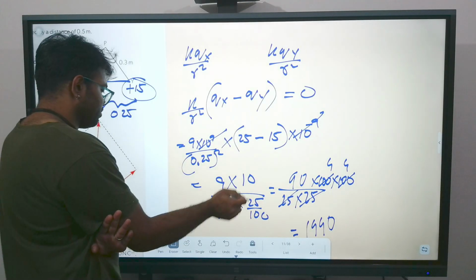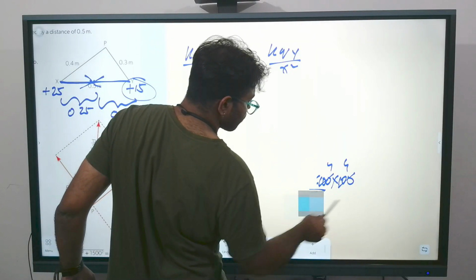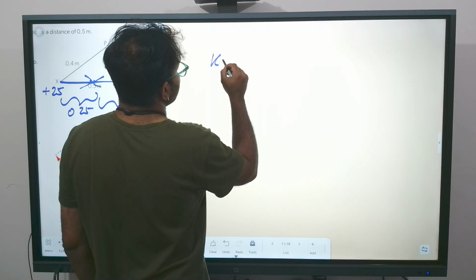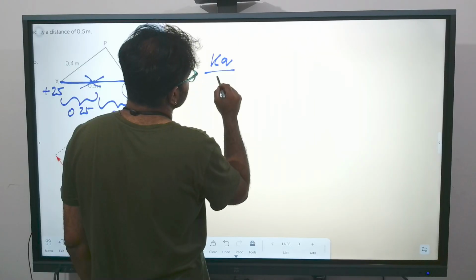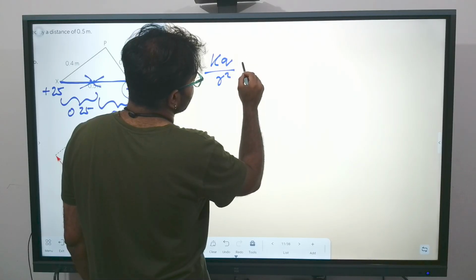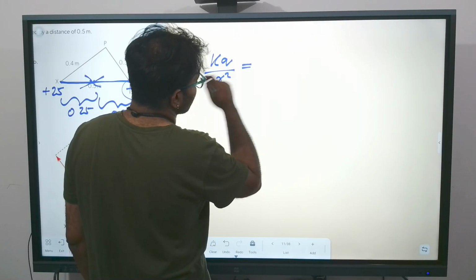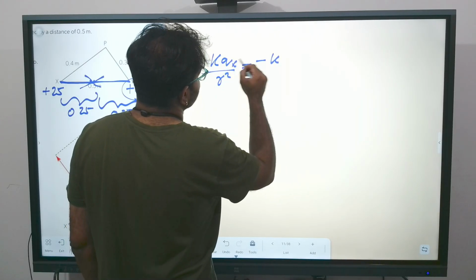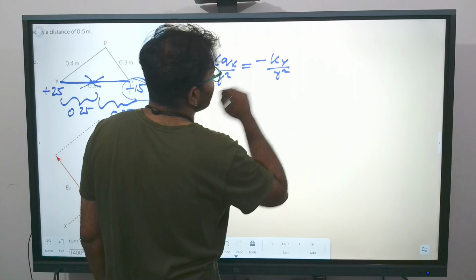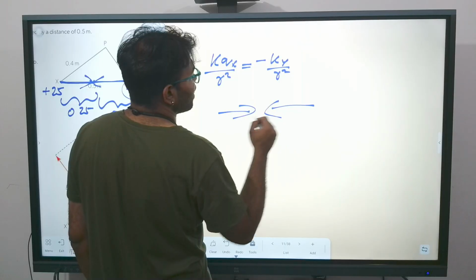No, wait, hold on. kq upon r squared should be equal to minus kqx upon r squared should be equal to minus kqy upon r squared, because one is in this direction, the other is in this direction.